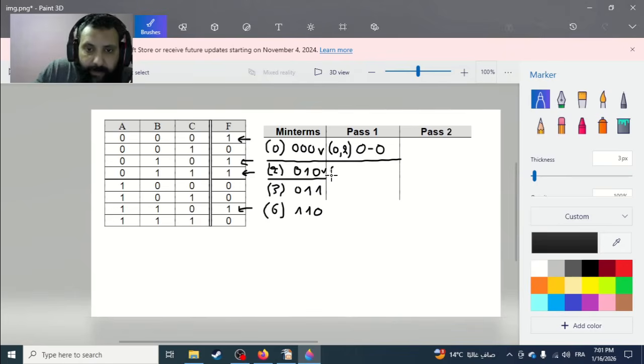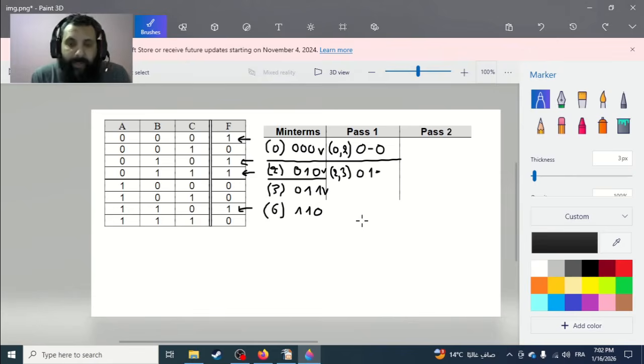The aggregation of 2 and 3 produces this value. We have a dash here. The variable that was eliminated is C. Okay, very good. We put V here. This one was aggregated.